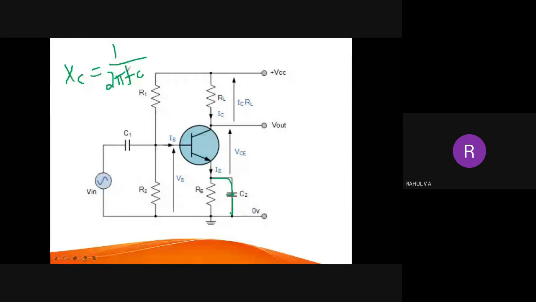So at a high frequency, reactance reduces, it becomes minimum. Then there may be a possibility that current will flow from VCC to input.